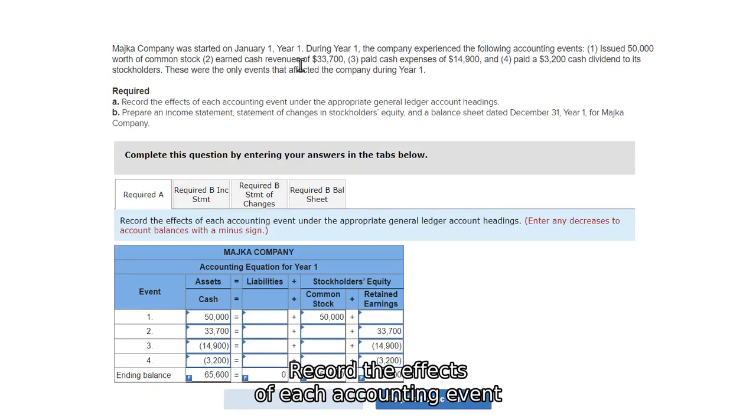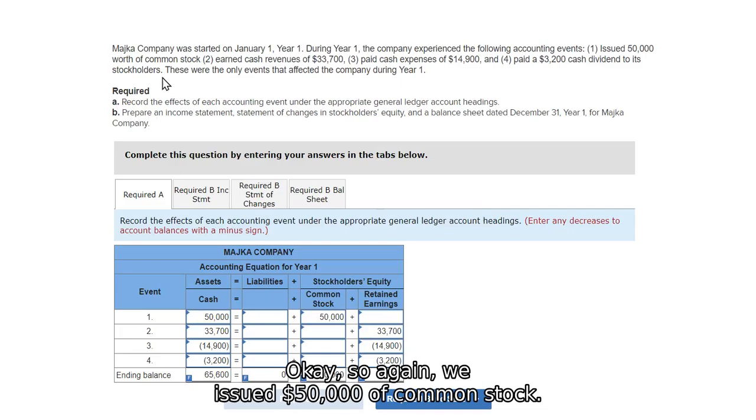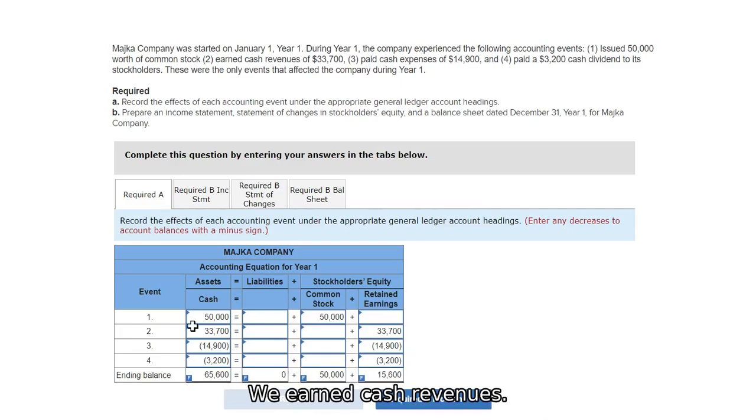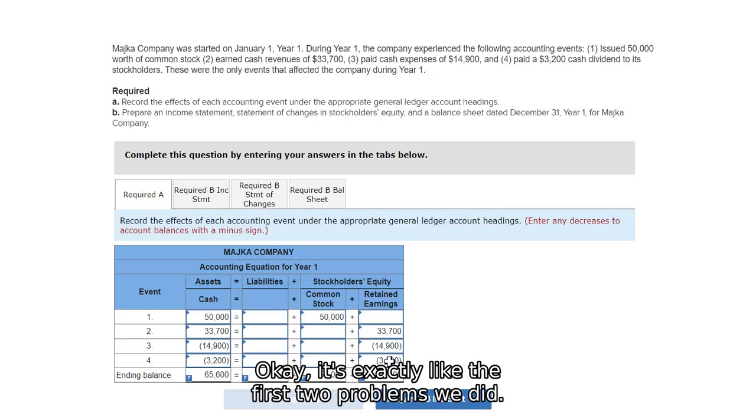Record the effects of each accounting event under the appropriate general ledger headings. Okay, so again, we issued $50,000 of common stock. We earned cash revenues. We paid expenses. And we paid a cash dividend. Okay, it's exactly like the first 2 problems we did.